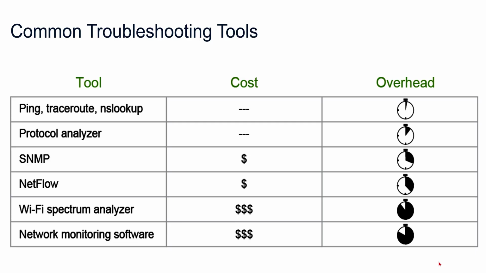The Simple Network Management Protocol tool, SNMP, is a polling-based monitoring tool. So that will give me device-level telemetry over a period of time, looking at things like interface utilization, CPU and memory utilization, maybe looking at error counters, overall device health.